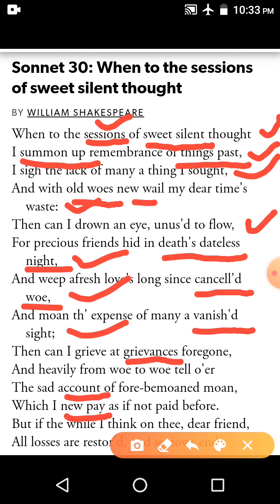I feel pain, I feel sad. But the positive thing is that Shakespeare's poems always end with a positive note. So he says that this is the concluding couplet. Let us see the rhyming scheme of the last quatrain.